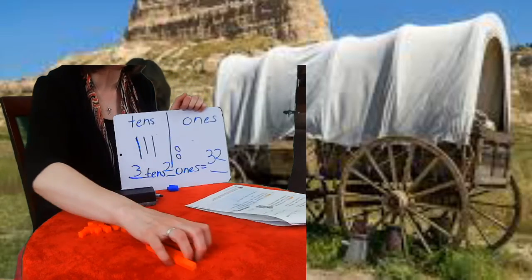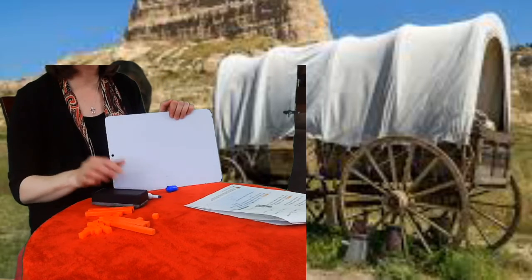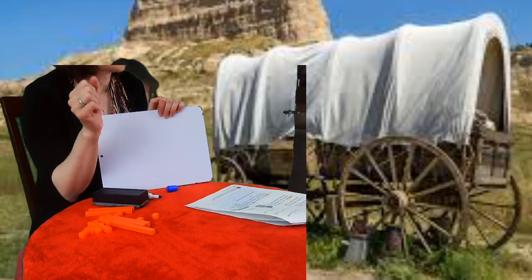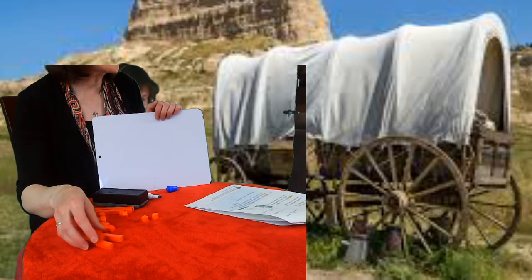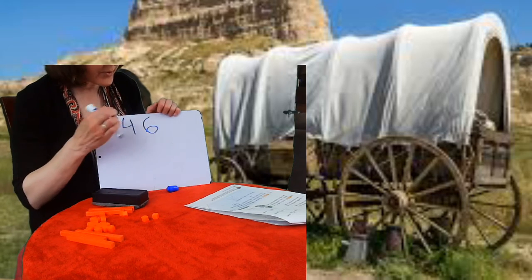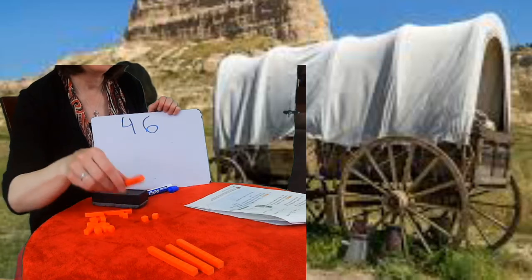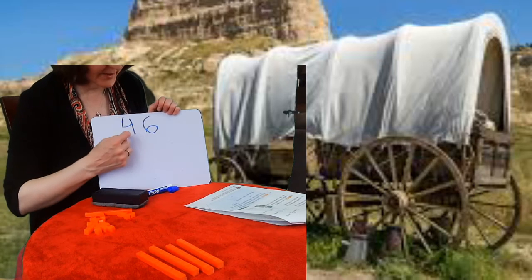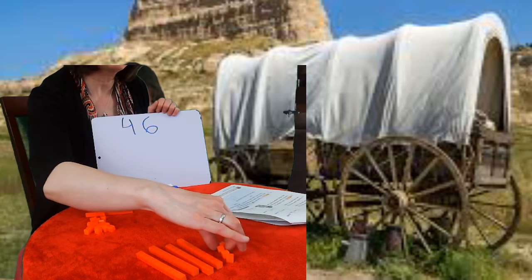We have some story problems here, and we know our little cheer. Story problems. Oh, yes, we can do them. It says, I have 46 cubes. How many tens and ones can I make? So if we have 46 cubes, we know we can divide that into 4 tens, because this would be in the tens place, and 6 ones, and it would look like this with my cubes.